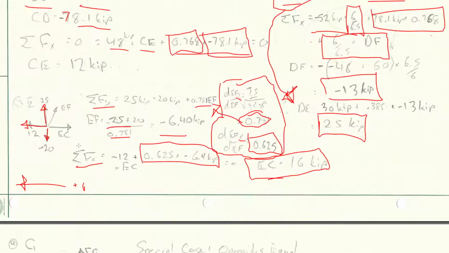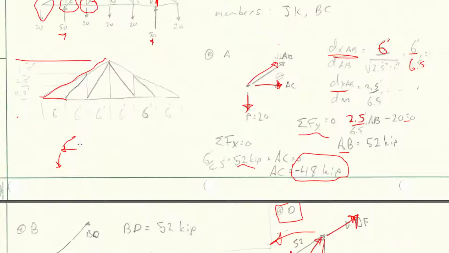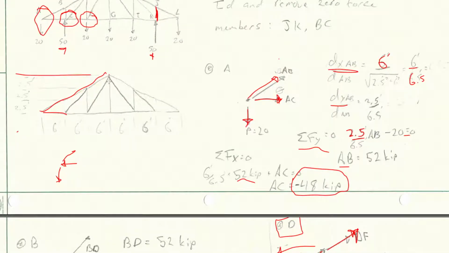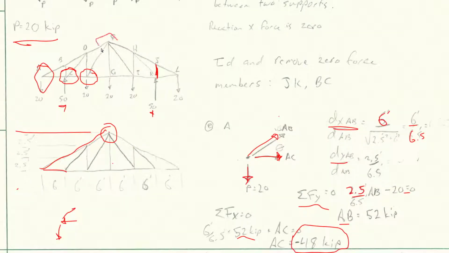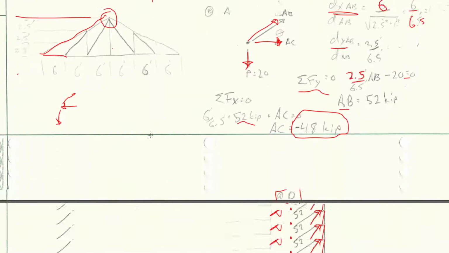And then the next place we can go to, we could either look at this joint here, or we could look at this joint here. I think I know which one I'm going to look at first because it looks simple enough.